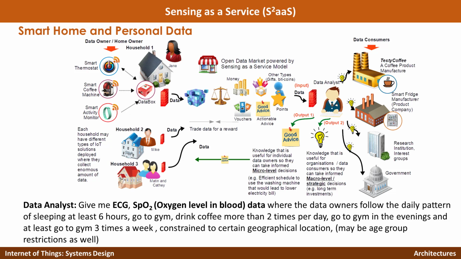So imagine you have a data analyst who would like to get access to the ECG data and oxygen level in blood data, where data owners follow the daily pattern of sleeping at least 6 hours, go to the gym, drink coffee more than 2 times per day, and go to the gym in the evenings, at least 3 times a week, constrained to a particular location.